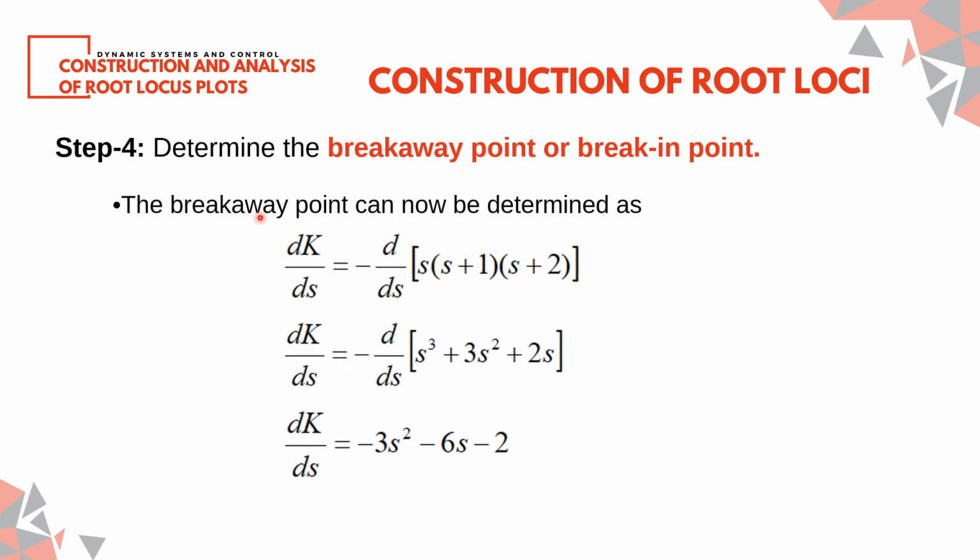The breakaway point can now be determined as the derivative of k with respect to s is equal to negative d over ds of s, s plus 1, s plus 2, which is equivalent to s cubed plus 3s squared plus 2s. The derivative of this is negative 3s squared minus 6s minus 2.